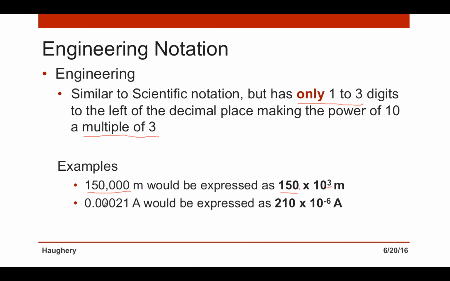Of course, 0.00021 amps could be expressed as 210 times 10 to the negative 6. Of course, that's 1, 2, 3, 4, 5, and then 6, adding another 0 there, where we get that negative 6. So this is the engineering notation way of showing really large or really small numbers.